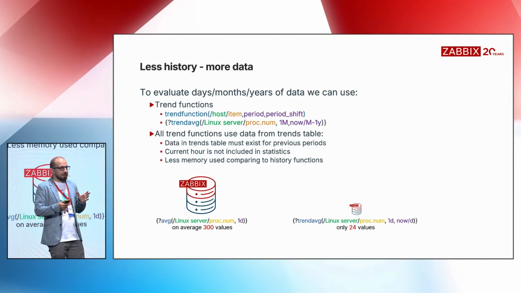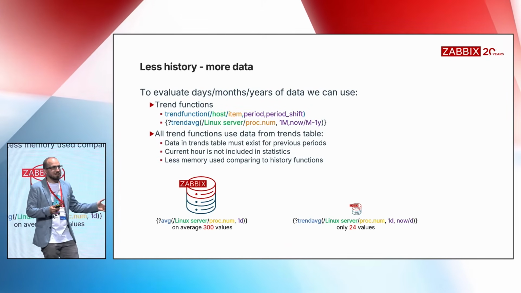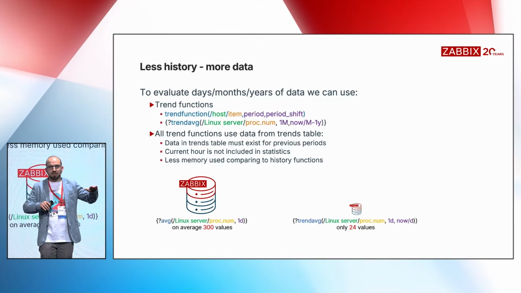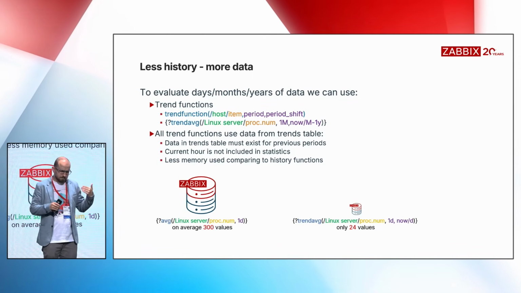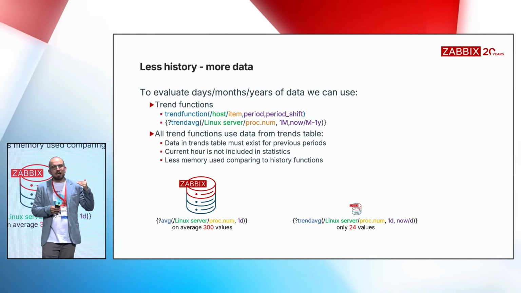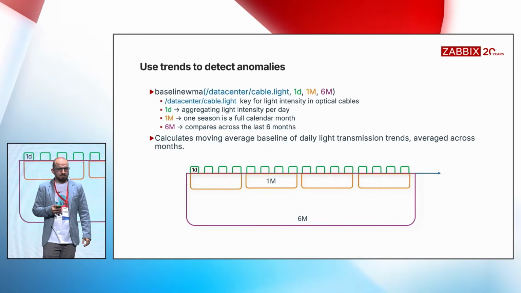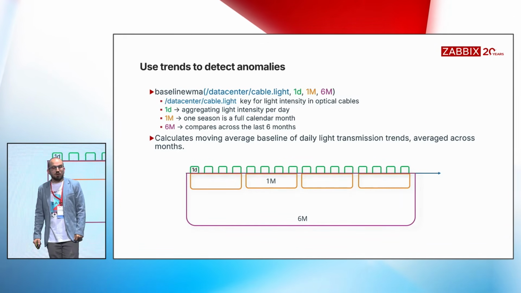So then you can more easily find that baseline, to understand, okay, my environment is behaving like this most of the time, but now it is behaving completely differently, right? And not only will you save resources, you will make a proper data analysis to understand, is it bad or is it not?